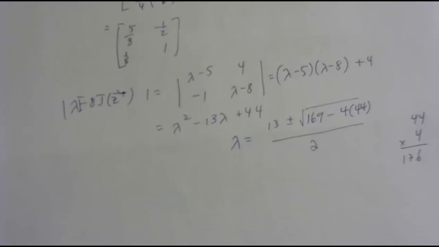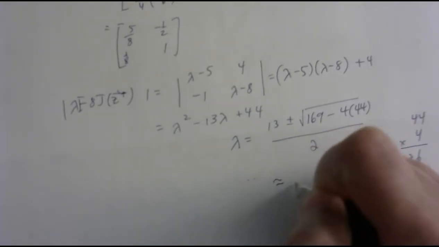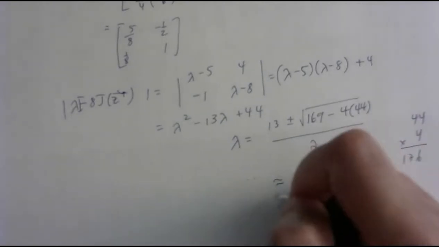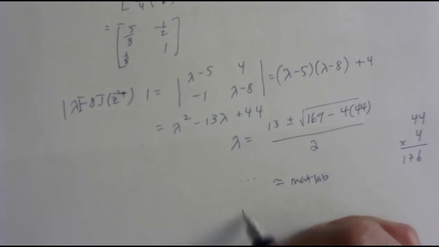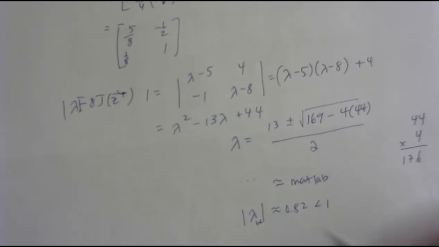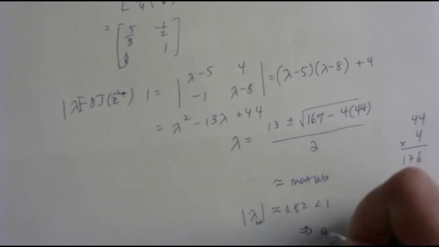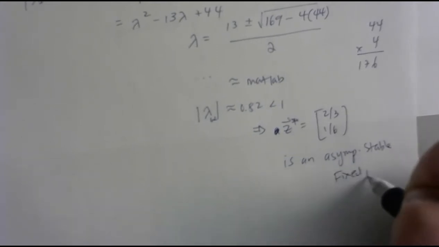So that is some number dot dot dot, we'll write MATLAB, and the magnitude of this complex conjugate pair is something like 0.82, less than 1, which would imply that z star, which is (2/3, 1/6), is an asymptotically stable fixed point.